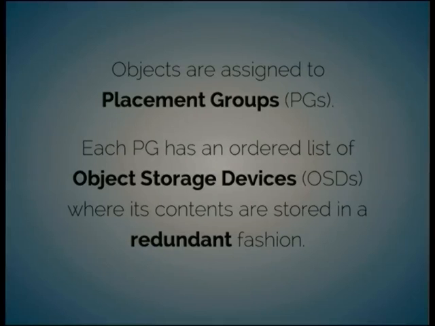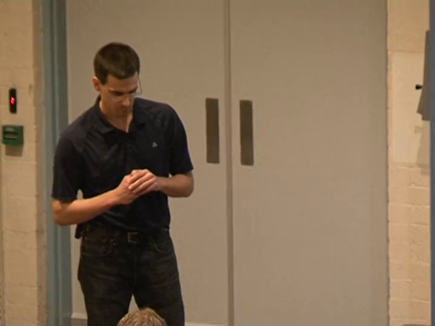These objects are assigned logically to what we call placement groups. And every placement group has a list of, depending on whether we use the outdated documentation where it sometimes says object storage devices, or the new documentation, object storage daemons, it all basically reduces down to OSDs. And on these OSDs, the contents of all the objects in this placement group are stored in a redundant fashion.